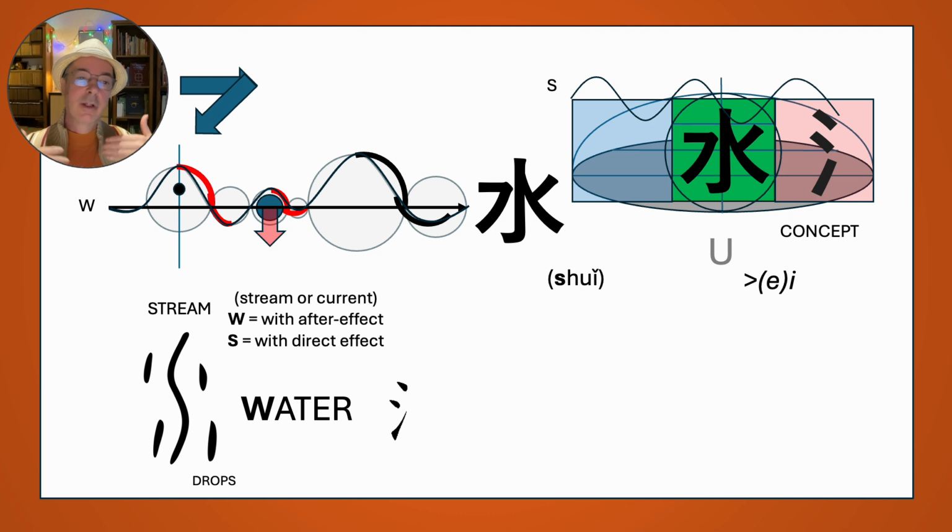So there's the general flow, which is expressed in English by the W. The W is more like a wave as an after effect. The S is also a wave, also always presented as a wave, but more as a direct effect on us. W actually can also be further and further away, but there are fluctuations.